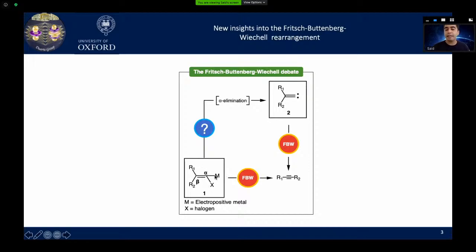This carbenoid species is formed by the reaction of the vinyl halide with organolithium compounds, and you form this type of carbenoid, where M is an electropositive metal, usually lithium, and X is a halogen, usually chloride or bromide. So this is one of the big questions, but I'm going to focus more on the latter reaction.